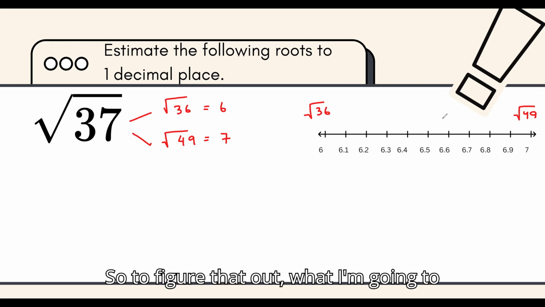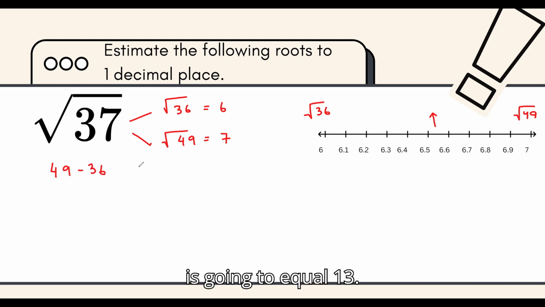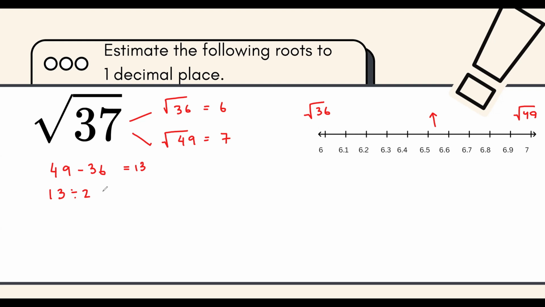To figure that out, I'm going to subtract 36 from 49. So 49 minus 36 is going to equal 13. And now I'm going to divide 13 by 2, which will give me 6.5. And I'm going to round 6.5 to 7.